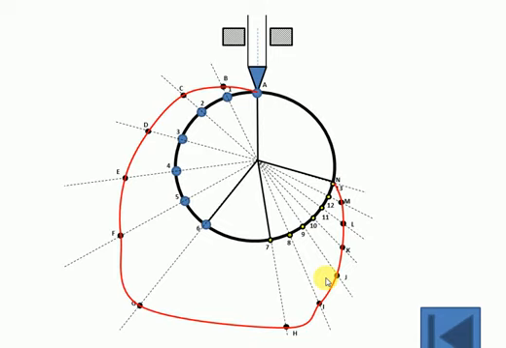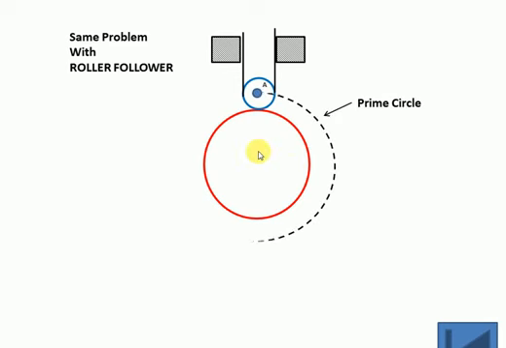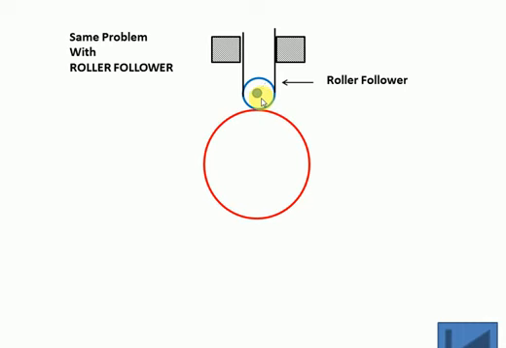Now suppose we have the same problem with a roller follower. In that case what we'll do is the same: we'll draw a base circle, we'll draw the roller follower, we'll take a vertical line, and first of all we'll take any point on the center, that is the trace point.